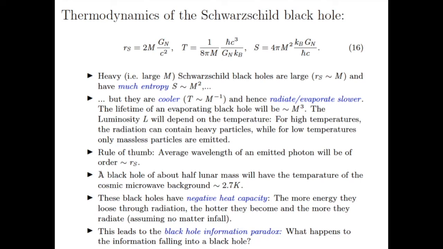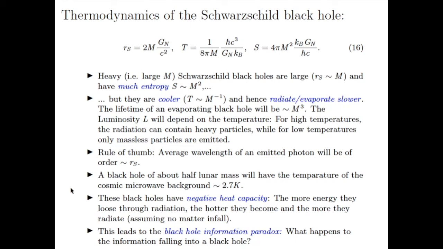To phrase it differently, right now we are in an era of the cosmos where most astrophysical real black holes are not in thermal equilibrium with the microwave background. They are cooler than that. They get warmed by the microwave background. I always found that a very neat thing to know.